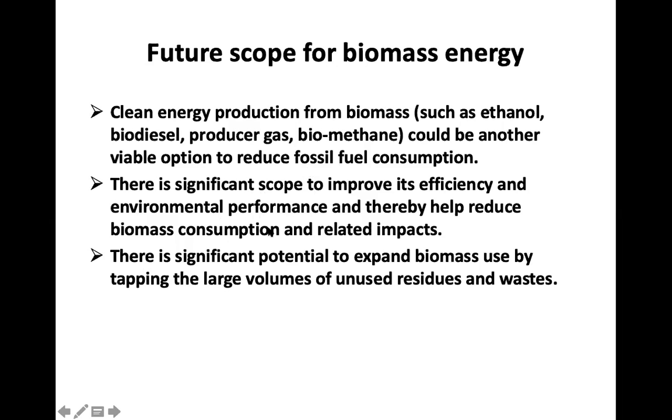Economically it would also be good. There is significant potential to expand biomass use by tapping the large volumes of unused residue and waste we have.